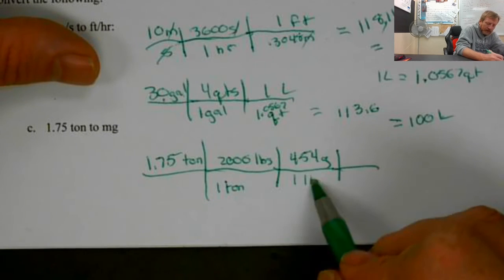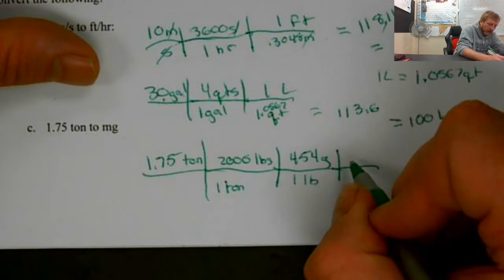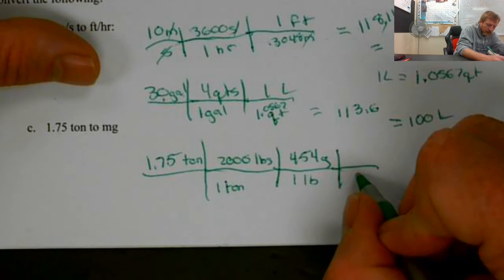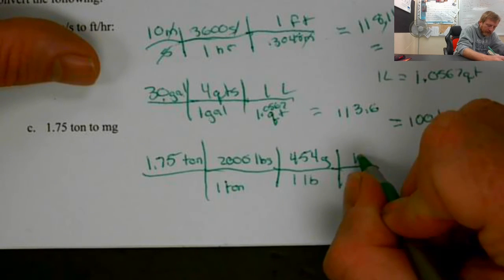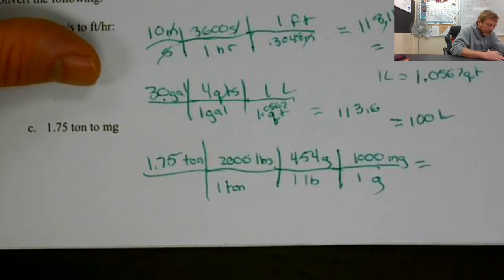And you can look these up in that front table. And in 1 gram, there are 1,000 milligrams. And therefore, I just need to multiply everything on the top. And I'm going to end up with an ungodly large number. And that is okay.